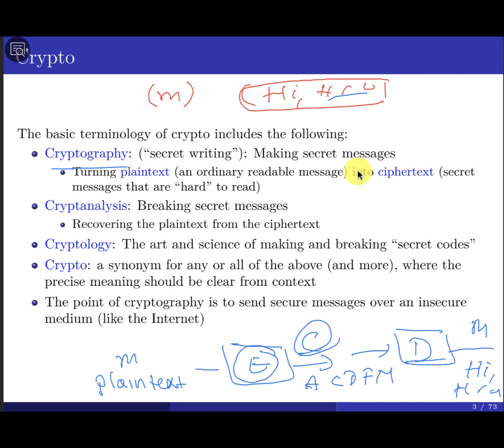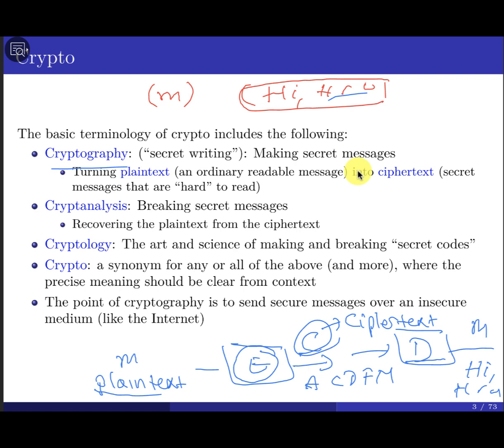Again, cryptography is the science that takes care of making secret messages. P is the plain text, the original message, and C, generally speaking, is the ciphertext, the scrambled or secret message that is hard to read.